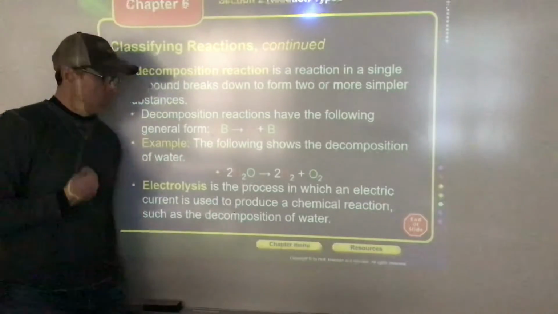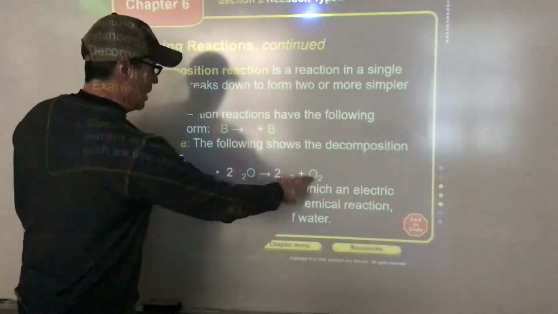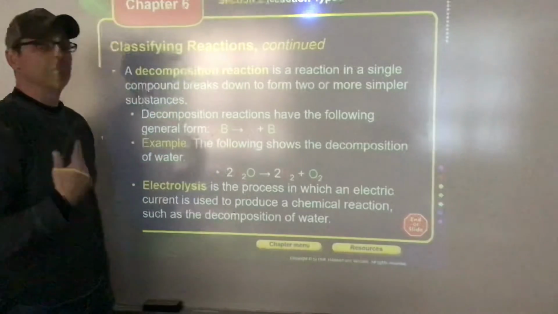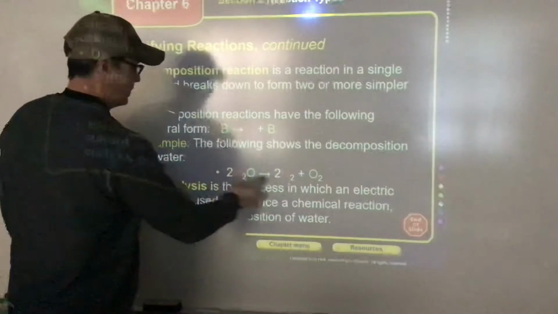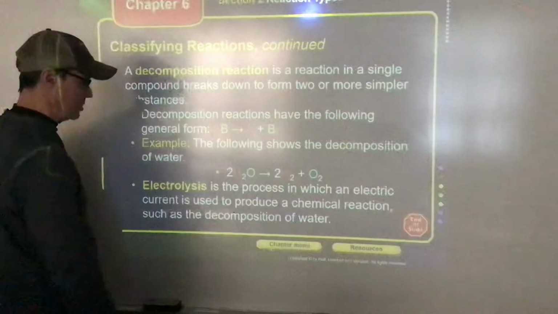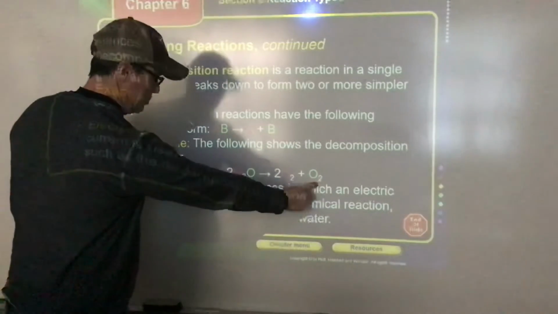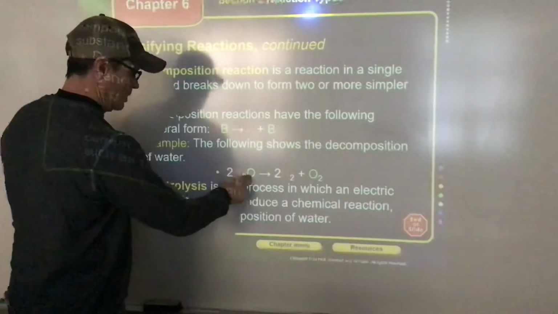Real simple there, because then I have 2 H's, and oxygen is always paired up by itself. The good thing is, all you have to do is balance it. When you saw this, you realize, it started together, separated, that's decomposition. Then to balance it, if I had 2 O's here and 1 here, when I put a 2 here, 2 times 1, that works.